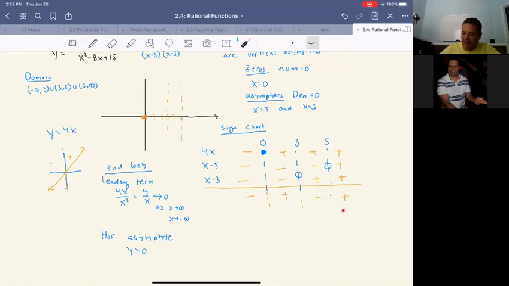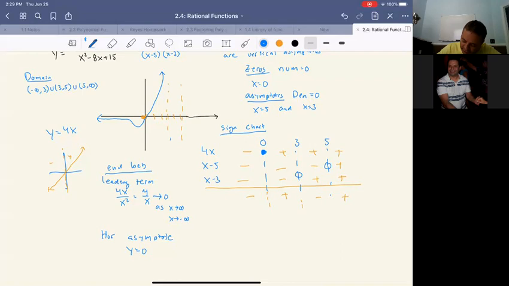And then after 5, it's going to be positive again. Okay, so putting that all together, I'm going to hug this asymptote, have a little bump there. I don't really know if this bump is there or not. I just added it to make it clear that it's going to go from being negative to positive there.